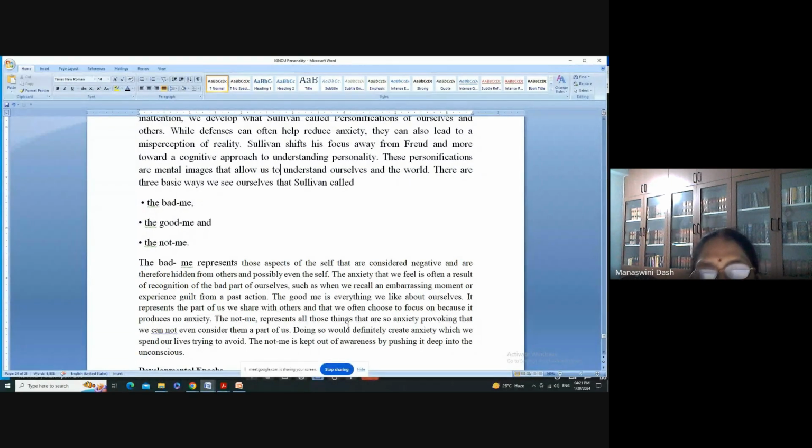The anxiety that we feel is often a result of recognition of the bad part of ourselves. Very often we keep them away from ourselves, but when we recognize that bad part of ourselves, we feel anxiety. For example, when we recall an embarrassing moment or experience guilt from a past action, we feel anxiety. So, that is bad me.